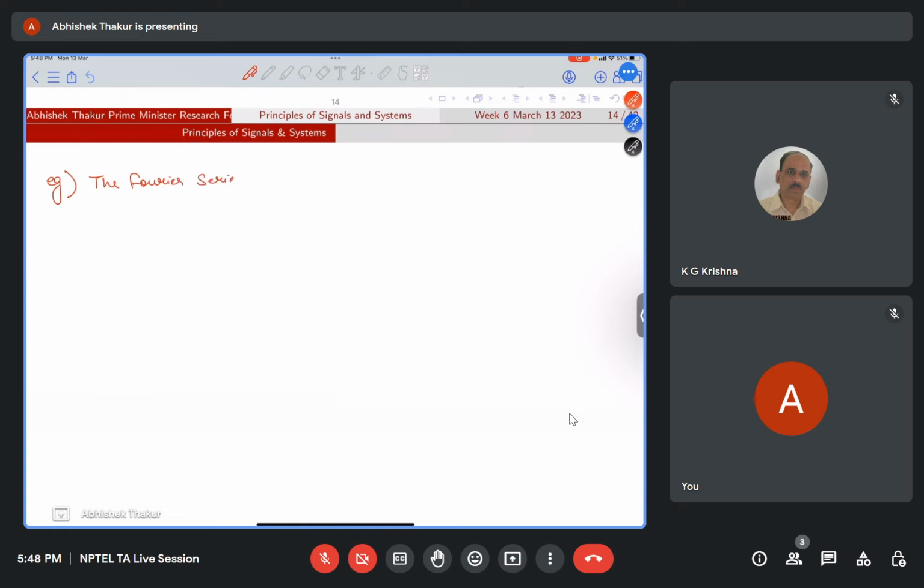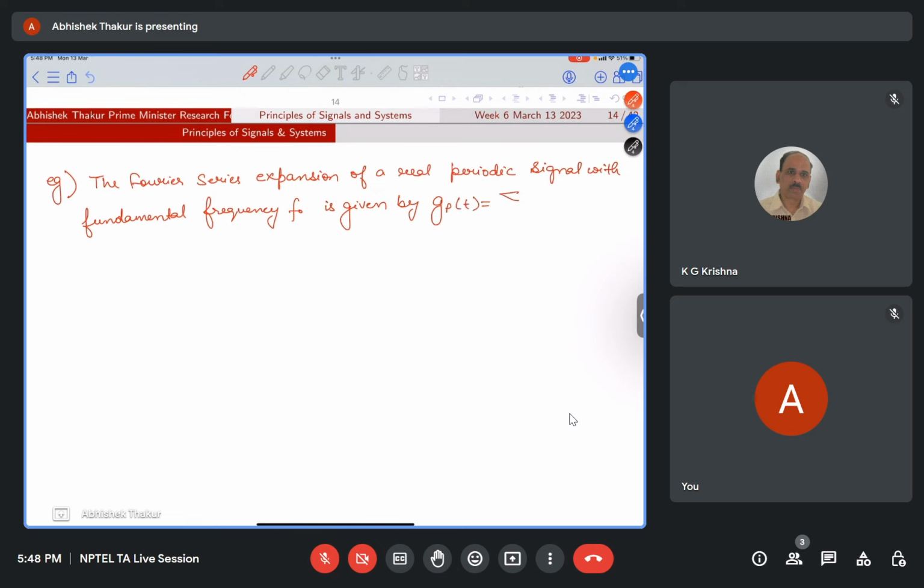The Fourier series expansion of a real periodic signal with fundamental frequency f naught is given by x(t) is equal to summation over n is equal to minus infinity to infinity Cn e to the power of j 2 pi n f naught t.